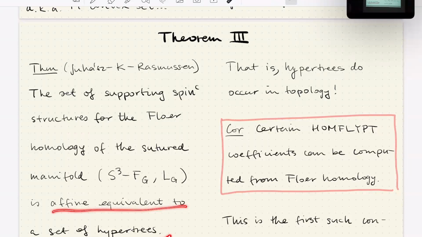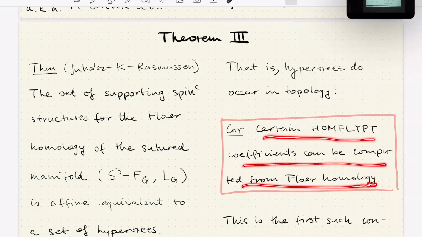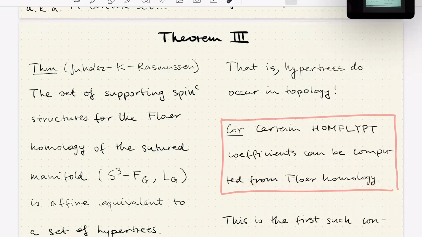So even though the root polytope was just a combinatorial gadget, these hypertrees are not just a combinatorial gadget, they do occur in topology. Well, through some advanced stuff. This is not easy stuff. But a corollary of that is that some Alexander coefficients can actually be computed from Floer homology.